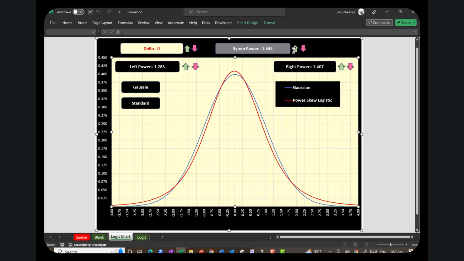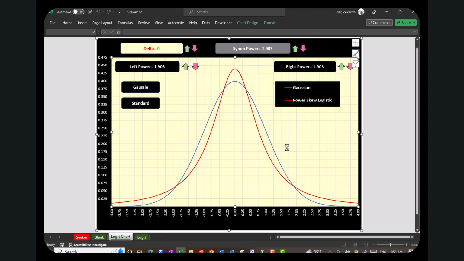The chart is based on 100,000 values, that's why it takes a while. As you can see, the distribution is symmetrical, but tails are much thicker. Okay? That's more in line with financial data.